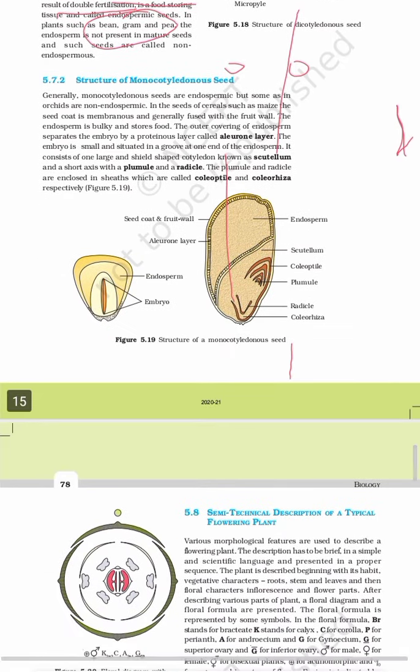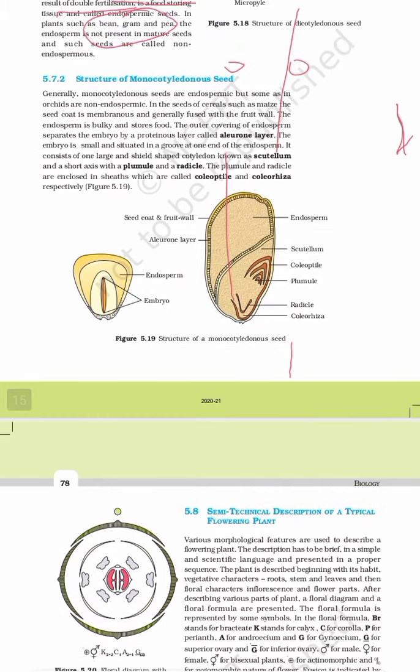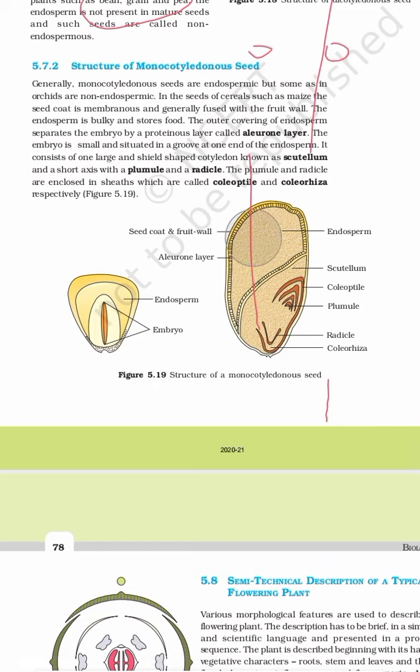Now let us move somewhat ahead. We are supposed to study the structure of the monocotyledon seed. What is a monocotyledon seed? It means only one cotyledon is present. Monocotyledon seeds are endospermic.